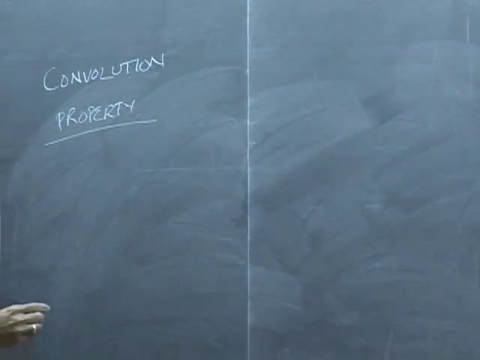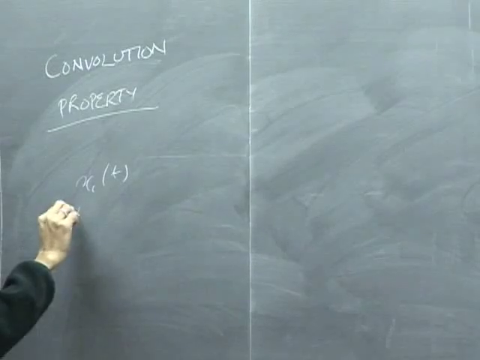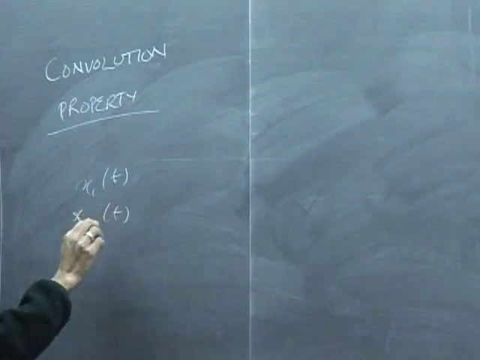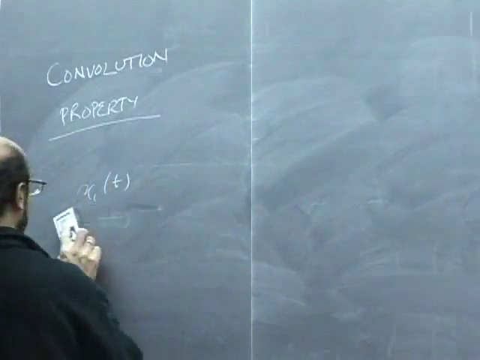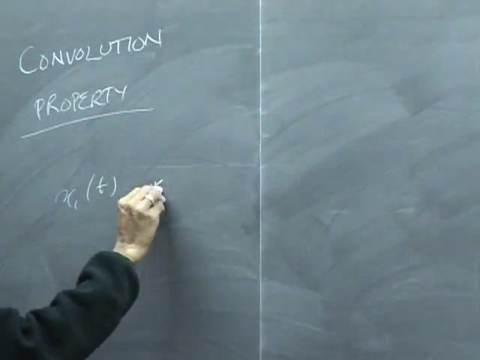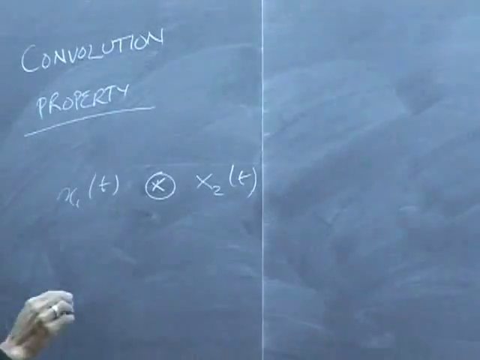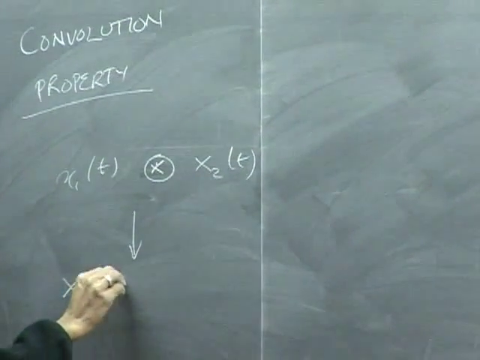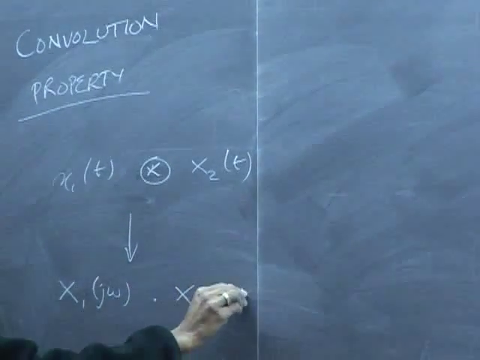What it says is that if you have two functions x1 of t and x2 of t in the time domain, and I'm going to convolve them, so x1 of t convolved with x2 of t, then this corresponds to basically X1 of j omega multiplied by X2 of j omega.